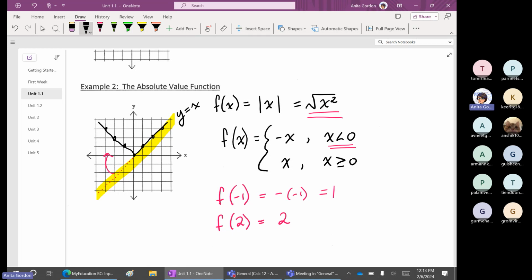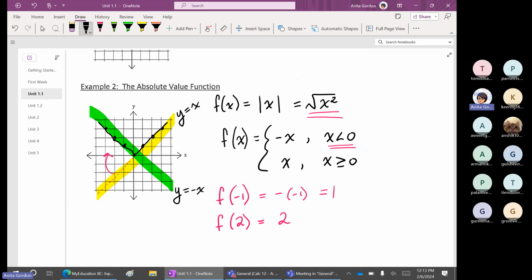Right? But it's only y equals x when x is a positive number greater than 0. And this part is y equals negative x. So it has the same values of x, but it has a negative slope, and it only applies when x is less than 0.